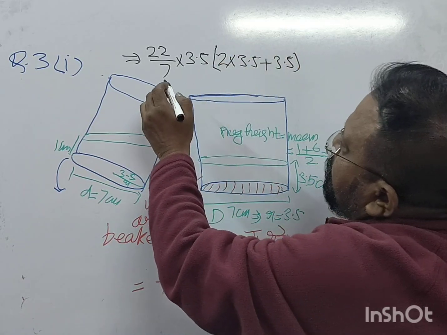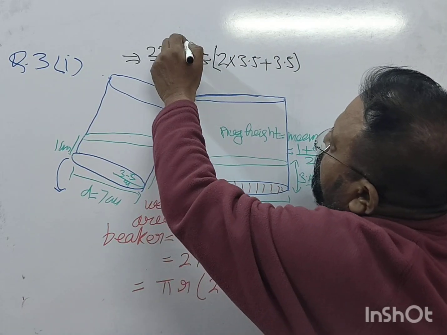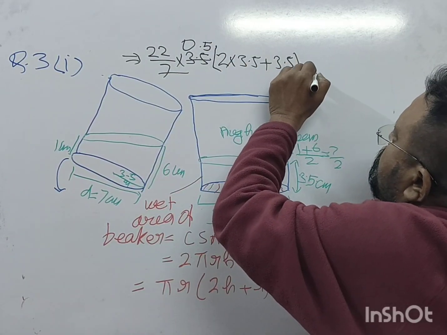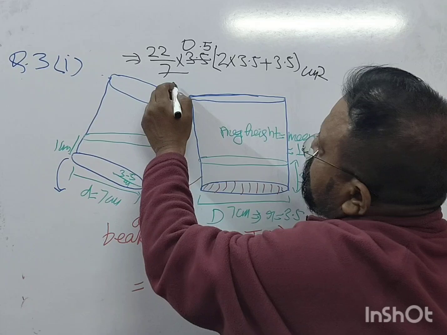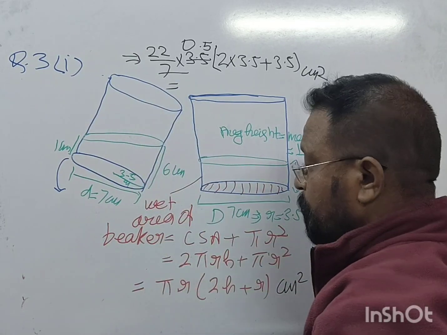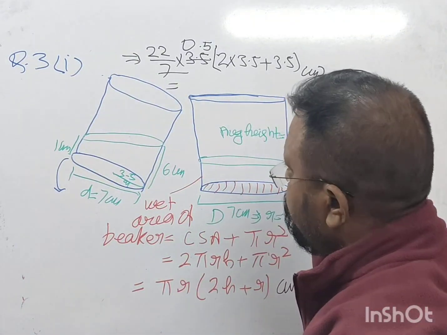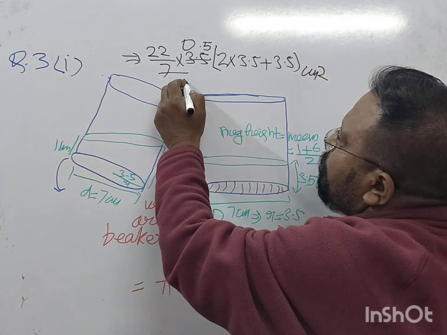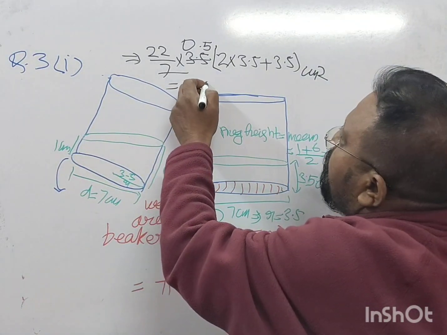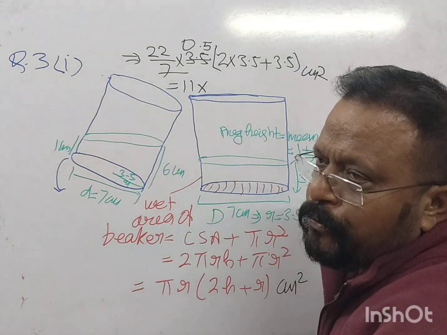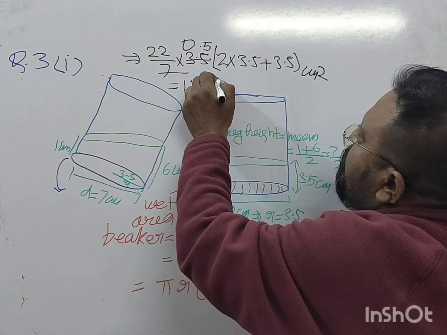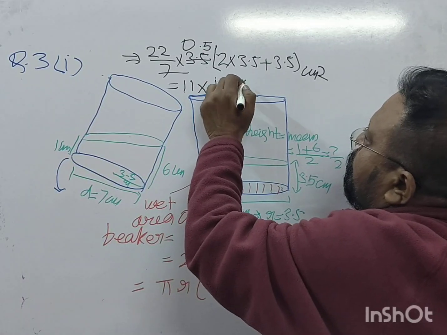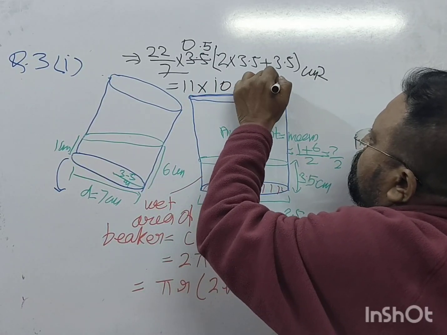Get it? Now this is 0.5, centimeter square. So we have 22 into 5 becomes 110. One decimal we have taken, so we get 11 here. 11 into 3.5 into 2 becomes 7. 7 plus 3.5 becomes 10.5 centimeter square. Right?